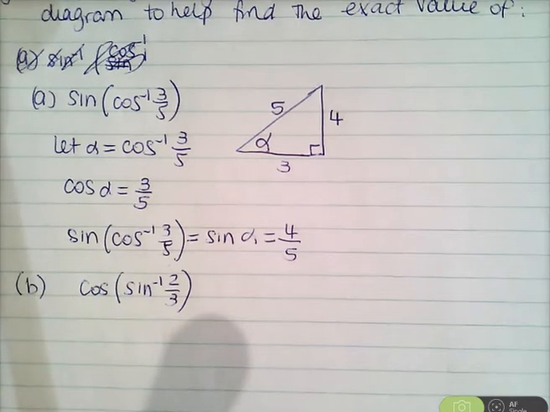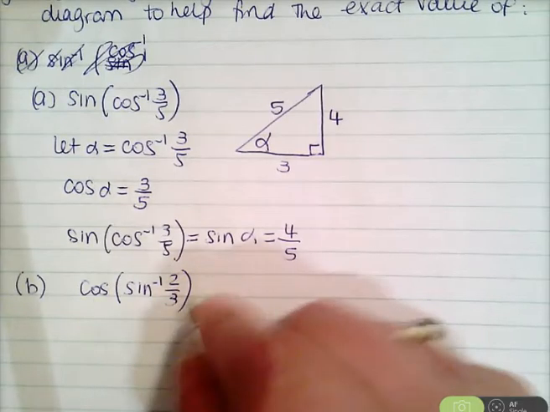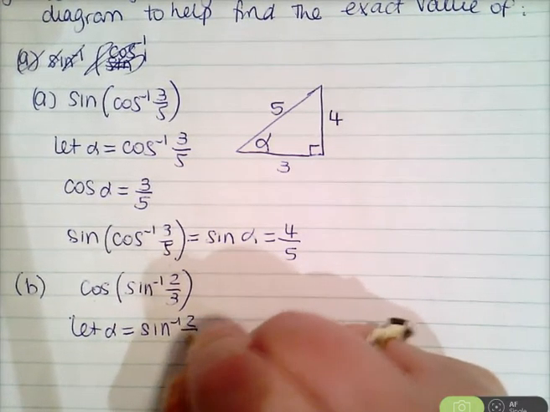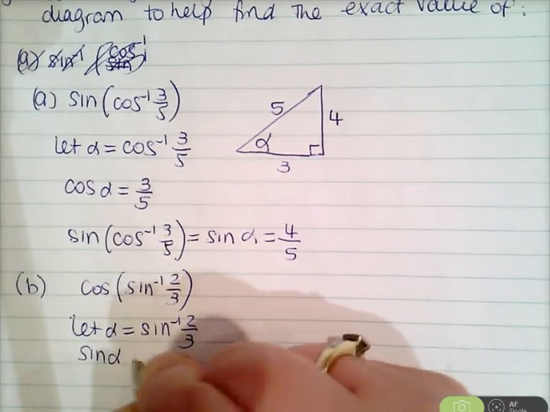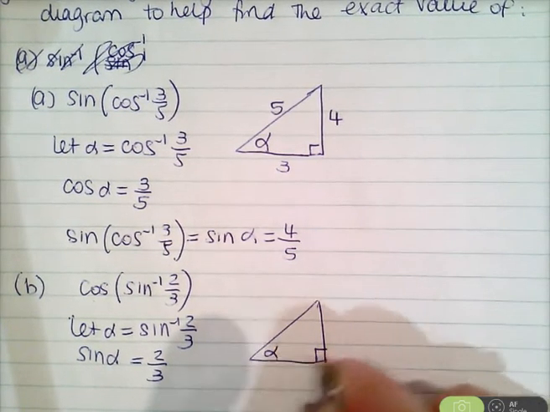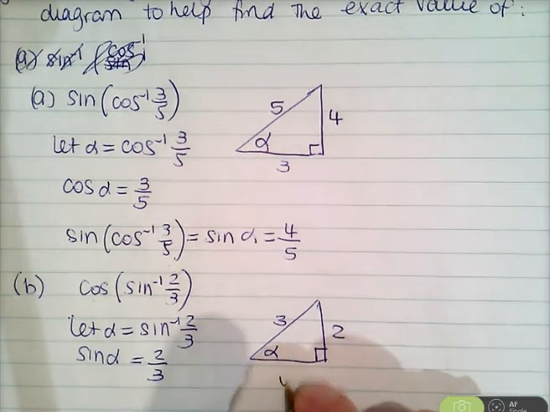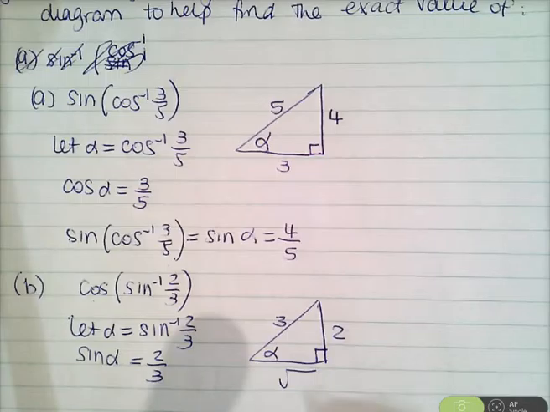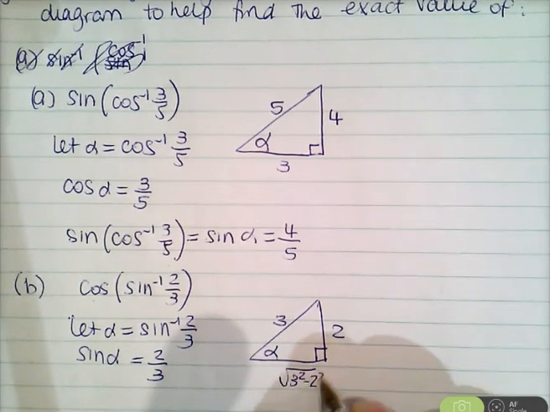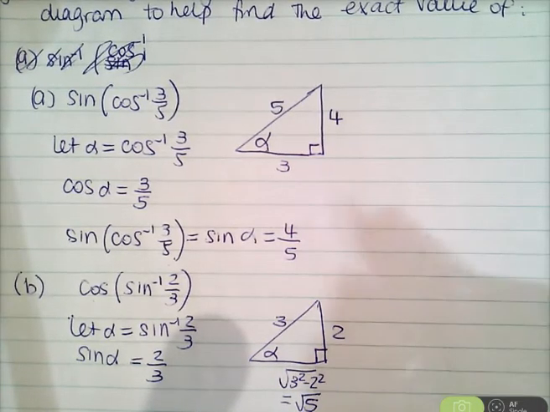It's going to get Pythagorean triad, so with this one, find the cos of sine to the minus 1 of 2/3. Let alpha equal sine to the minus 1 of 2/3, therefore sine of alpha is 2/3. Again, drawing a right angle triangle, sine is opposite over hypotenuse, therefore the adjacent side here would be the square root of 3 squared minus 2 squared, which is the square root of 9 minus 4, the square root of 5.